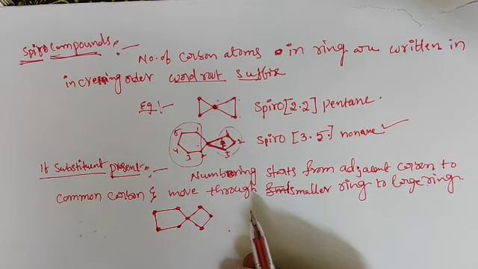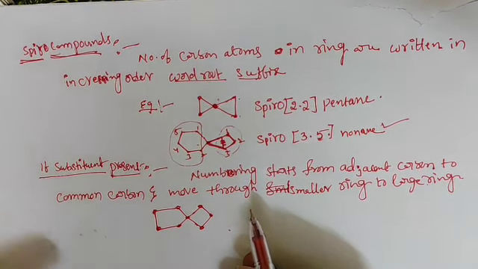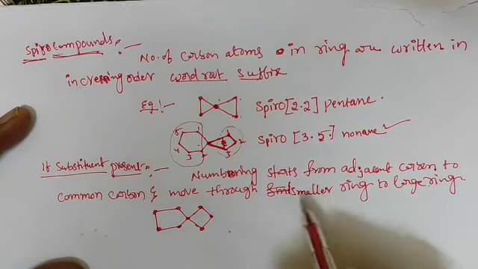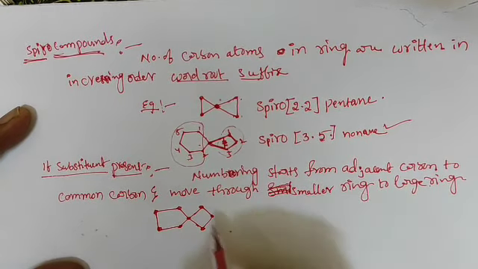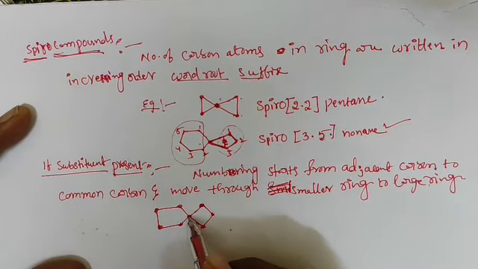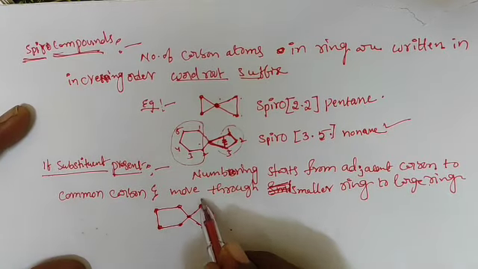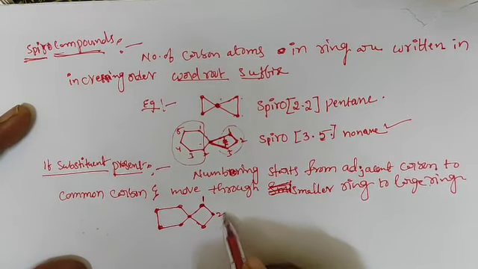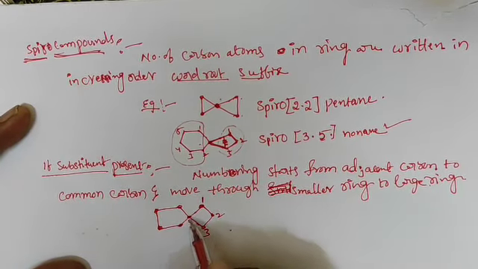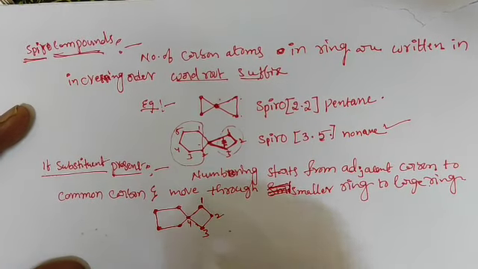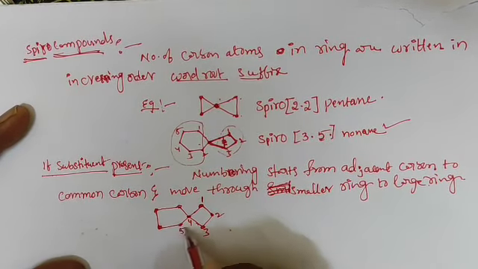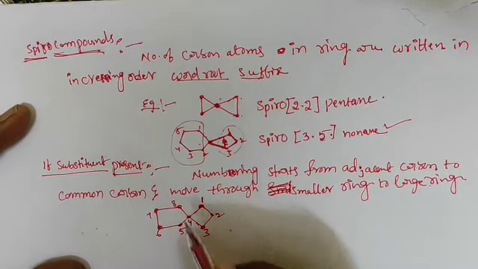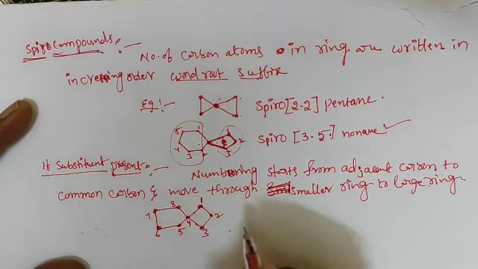Move through the smaller ring to the bigger ring. Smaller ring to large ring. Adjacent carbon means here adjacent in both. We will give number here 2 3. For this one also we will give numbers in this Spiro compound, 4 5 6 7 8. Total 8 carbon atoms is there.